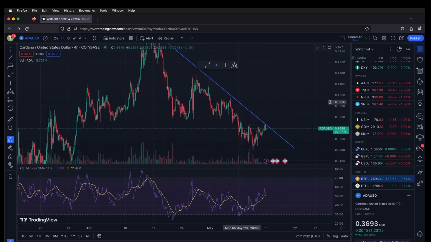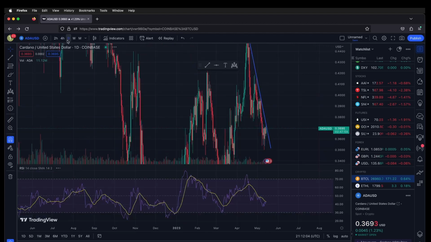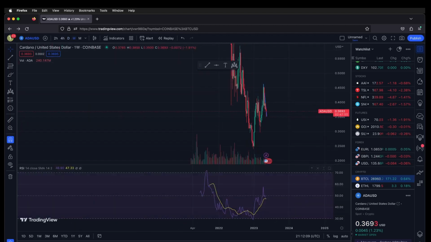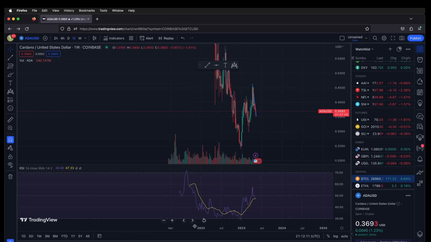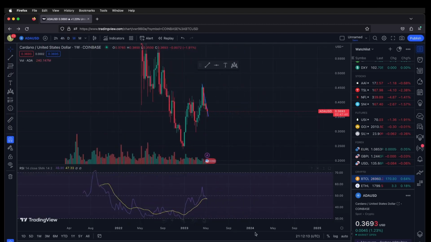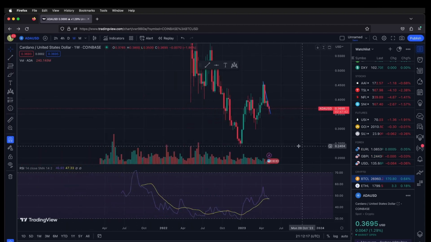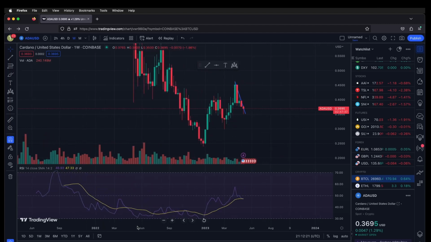So let's go back out and look at this at the longer term view of this asset. In the long term view, we have a bullish head and shoulders.